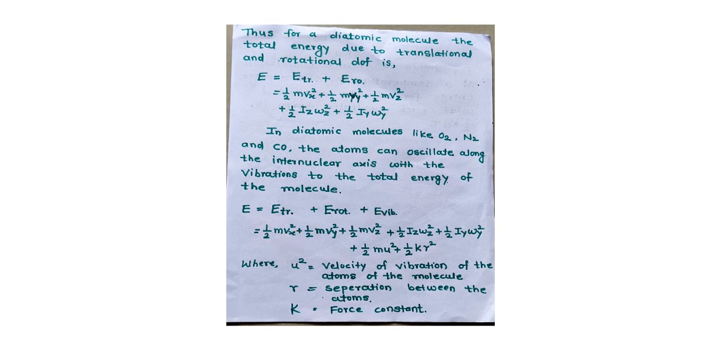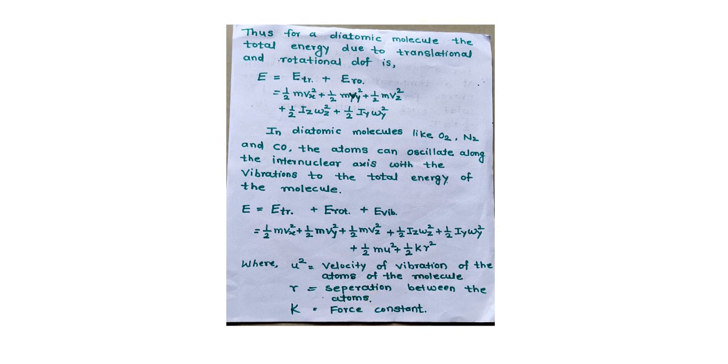It is half m vx square plus half m vy square plus half m vz square, and rotational energy is half Iz omega z square plus half Iy omega y square, and third, the vibrational energy, is half m u square plus half k r square, where u is the velocity of vibration of the atoms of the molecule, r is the separation between the atoms and k is the force constant.